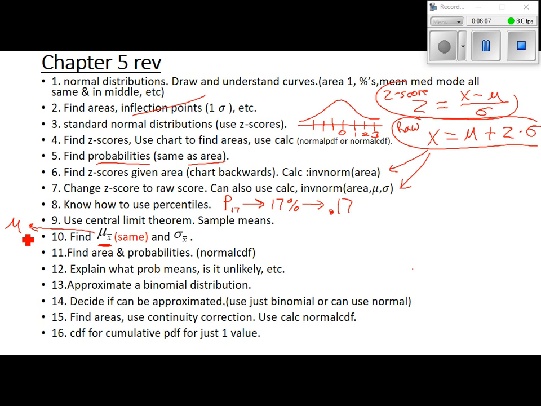The formula for the standard error is sigma with x bar as a subscript equals sigma divided by the square root of n. I always forget, you've got to find those two things first before you start trying to plug it into your calculator. Once you find those two things, then you can plug it into the calculator using the normal CDF.